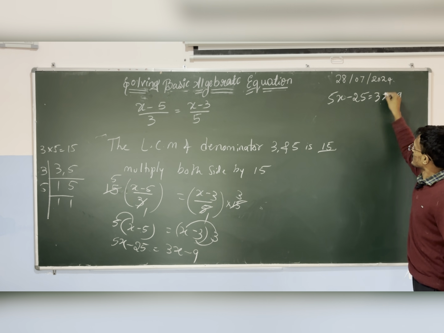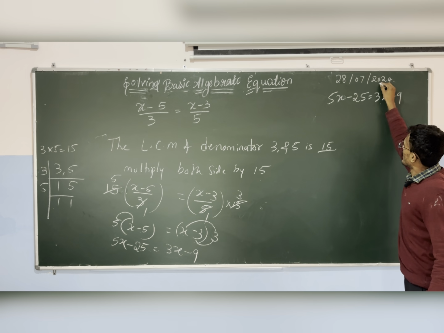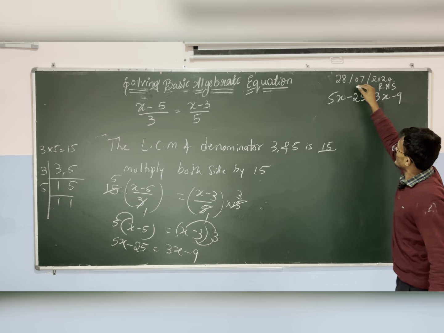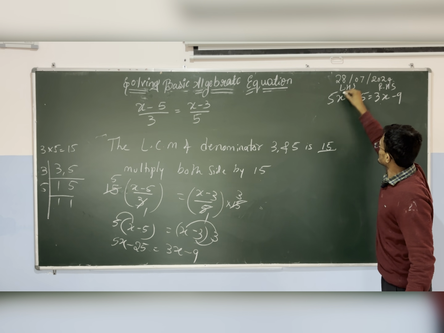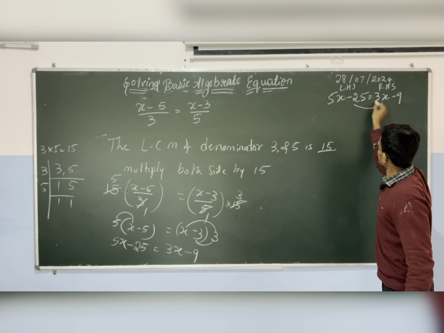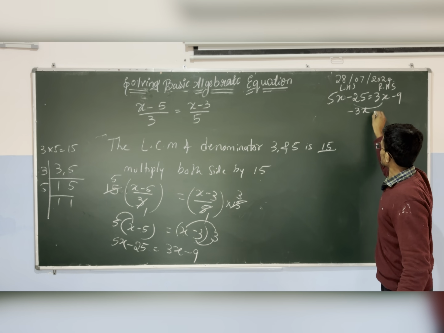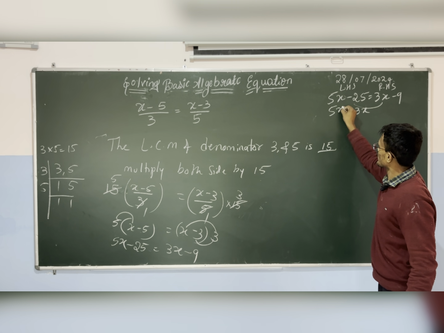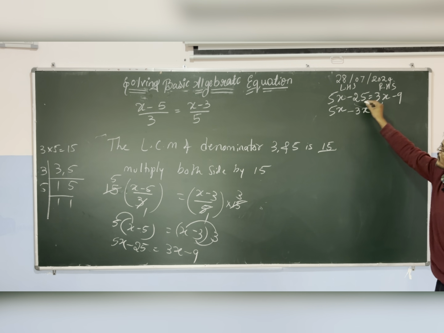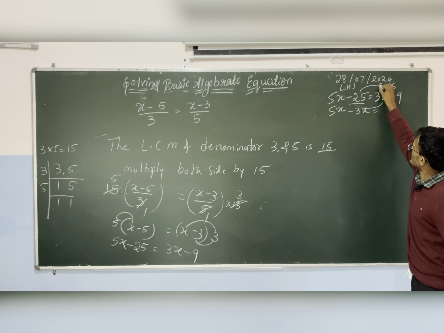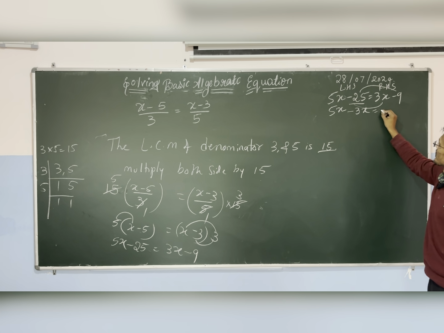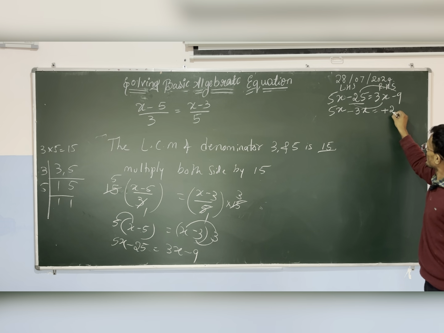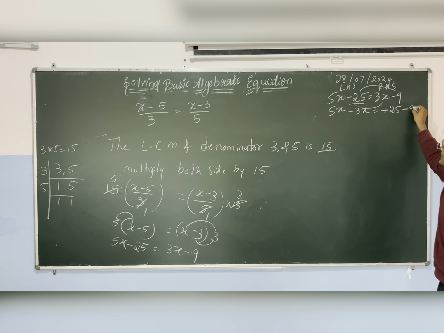Shift the 3x from the right-hand side to the left-hand side, and it becomes minus 3x. So 5x as it is, minus 25 shifted to the right-hand side becomes plus 25, and minus 9 as it is.